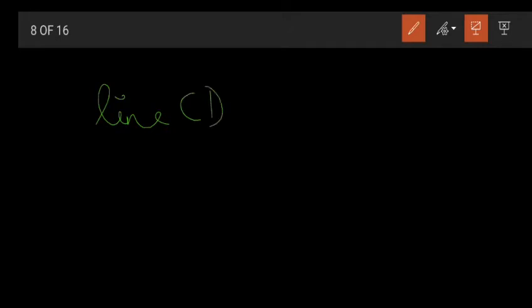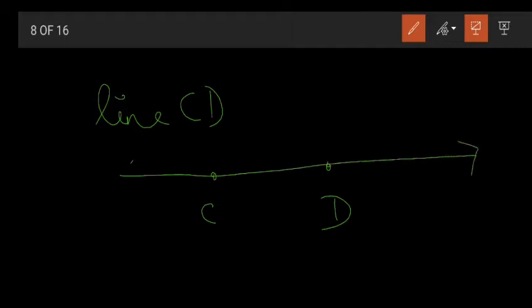It extends in both directions endlessly, so there is no end point. So we have 2 points C and D, and a path extending endlessly in both the directions. You have to make point C and D, join CD, and extend in both the directions.